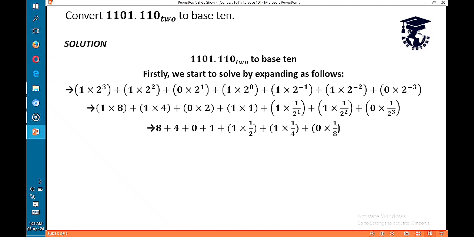So we simplify further. This will still give us 8 plus 4 plus 0 plus 1, and then we simplify the bracket.